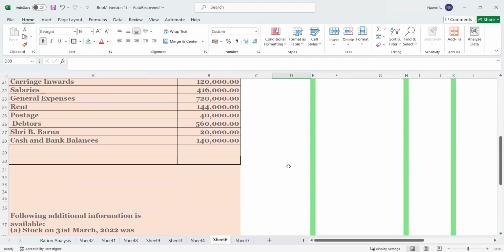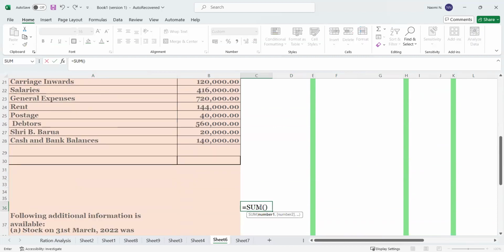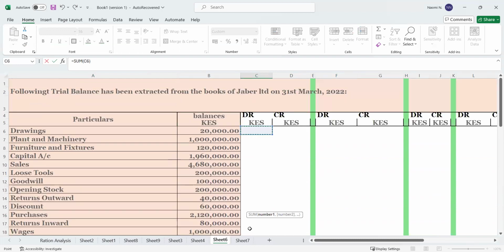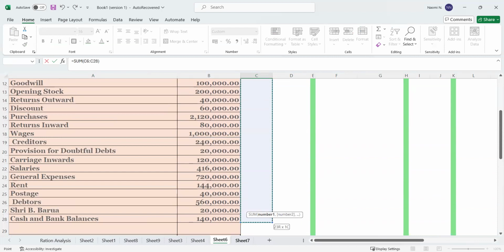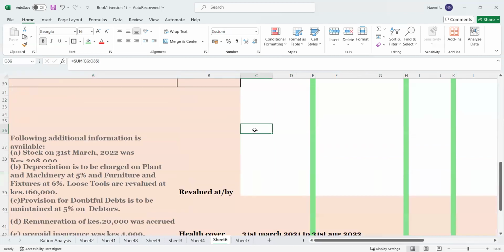After that, I will do my Alt plus to add the entire column, this one on the debit side, before I even start inserting my figures. Then I will copy, then paste here, Control V, Control V, Control V.